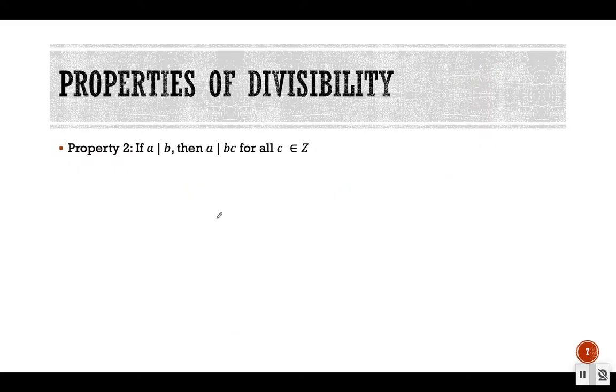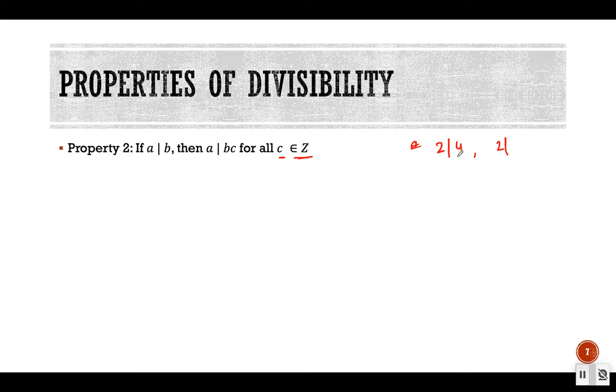All right, so the next property says that if a divides b, then a will divide bc, for all c belonging to integer numbers. So it is like that. Say if 2 divides 4, then 2 will divide all the b times c, where c belongs to an integer number.